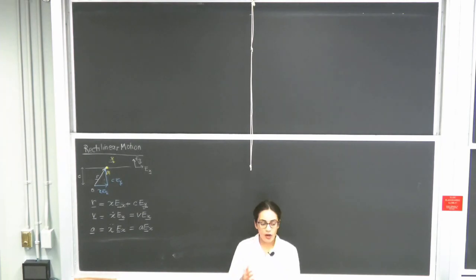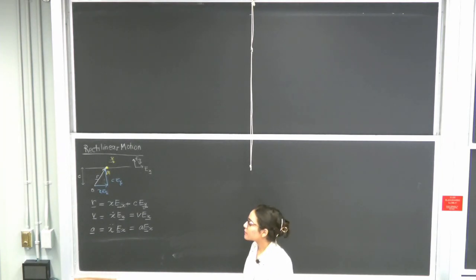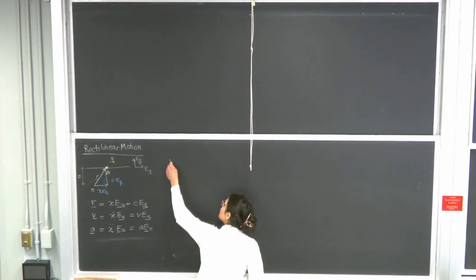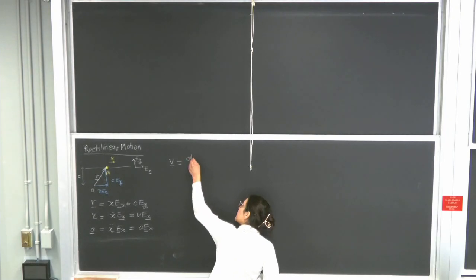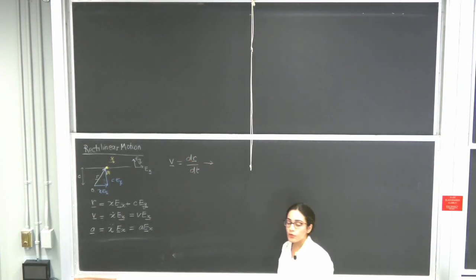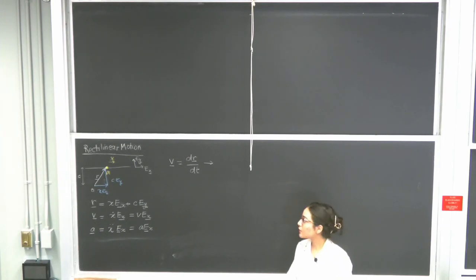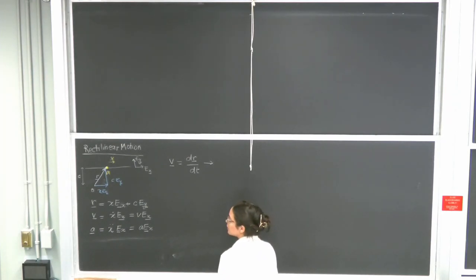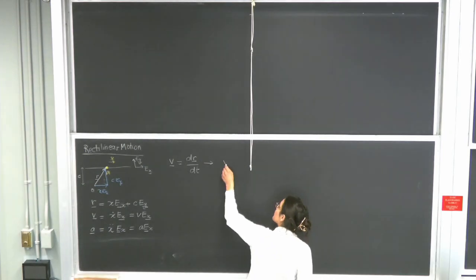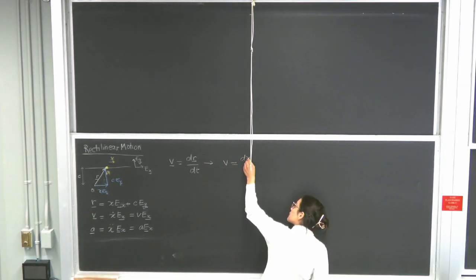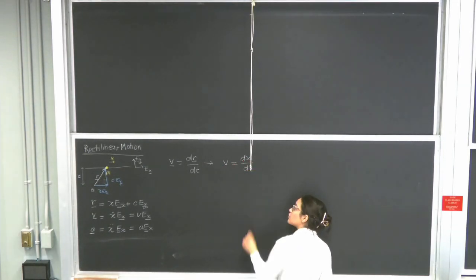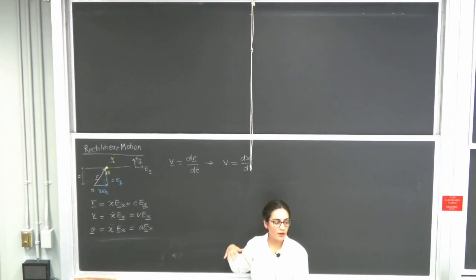We can recall the relationships between velocity and position. v is dr by dt. Now in rectilinear motion, we can write this equation as a scalar equation. I can write v equal to dx by dt, just by projecting this equation along Ex.